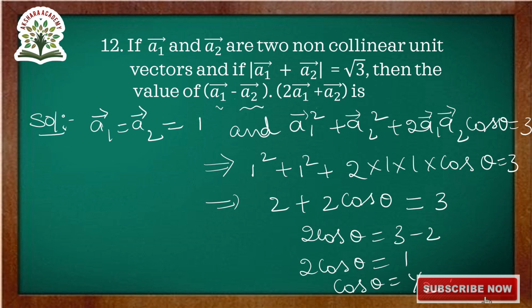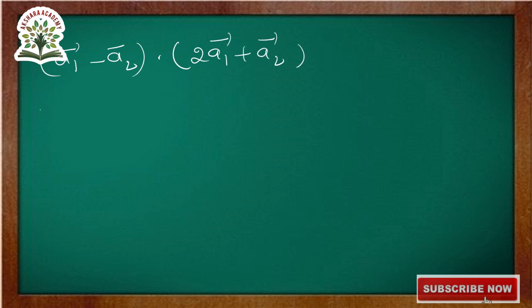Next we are doing the value of A1 bar minus A2 bar dot product of 2A1 bar plus A2 bar. So now we are finding the value of the dot product of these two. 2A1 bar, A1 into A1, A1 square, minus here A1 bar into A2 bar.